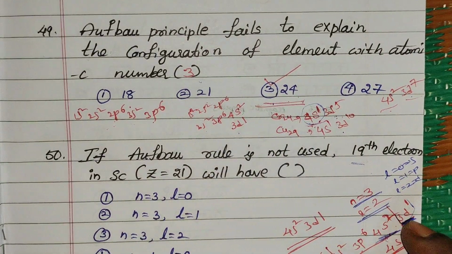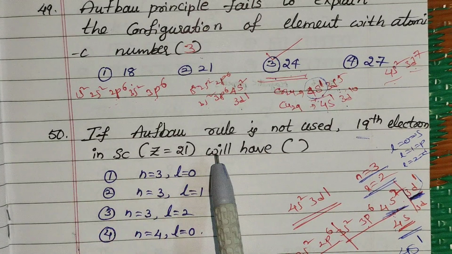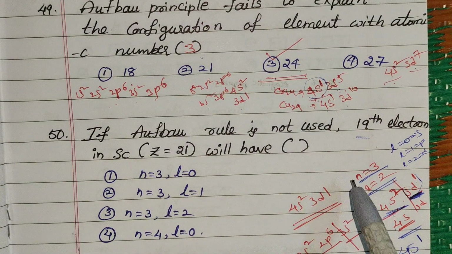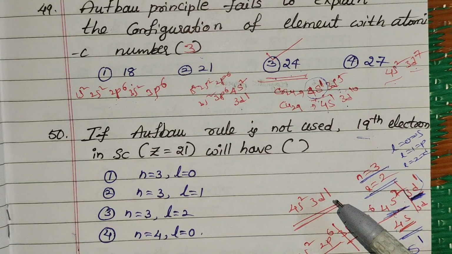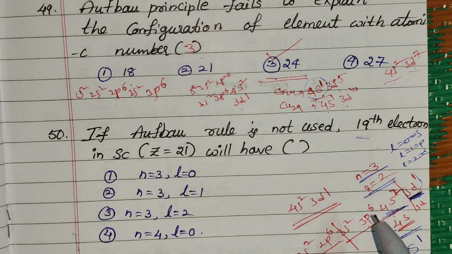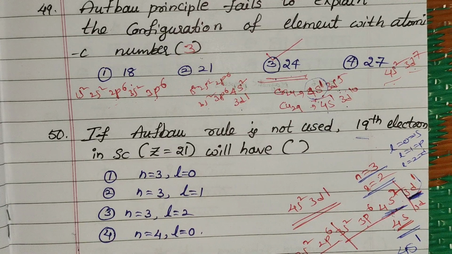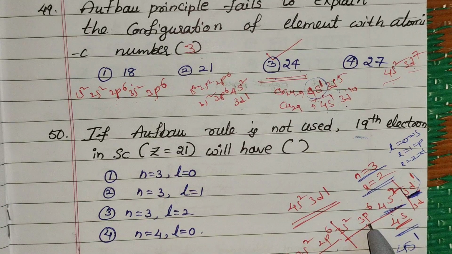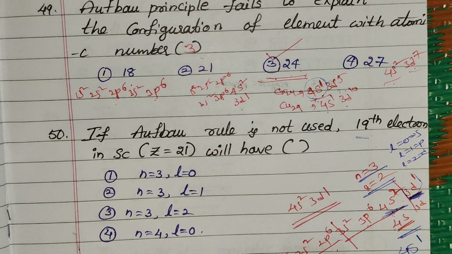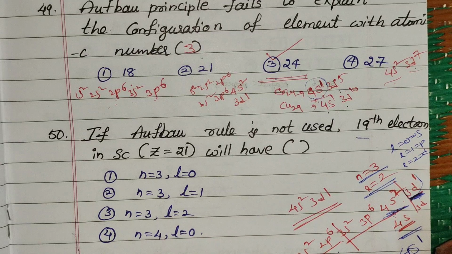Okay, next: if the Aufbau rule is not used, the 19th electron in scandium will have. First we have to write the electronic configuration 1s2 2s2 2p6 3s2 3p6 4s2 3d1, it is for Z equals 21, nothing but scandium's electronic configuration.